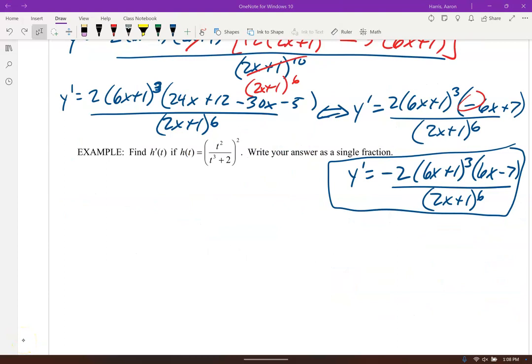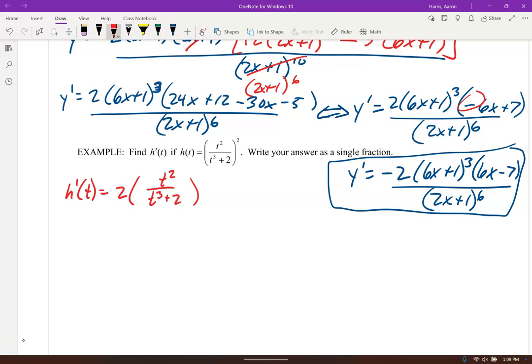All right, so this one, if you imagine the inside of this, that quotient, t squared over t cubed plus 2, that's like your u. So this is like u squared, right? So when I take this derivative, I'm going to have the 2 in front, and here's my u. And now it's to a first power, right? So I don't need to put a 1 up there.